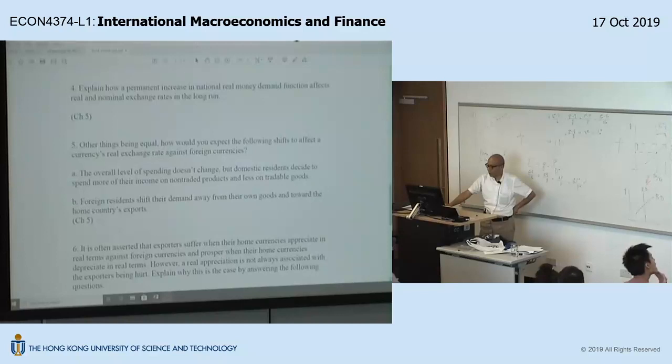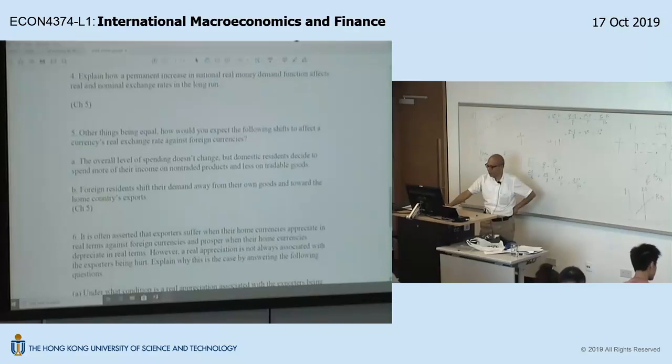So this is related to what we talked about today. Remember, in the long run there's neutrality of money. So in the long run, all the real variables, the quantities and the relative prices, will be unchanged if it's just a monetary shock.